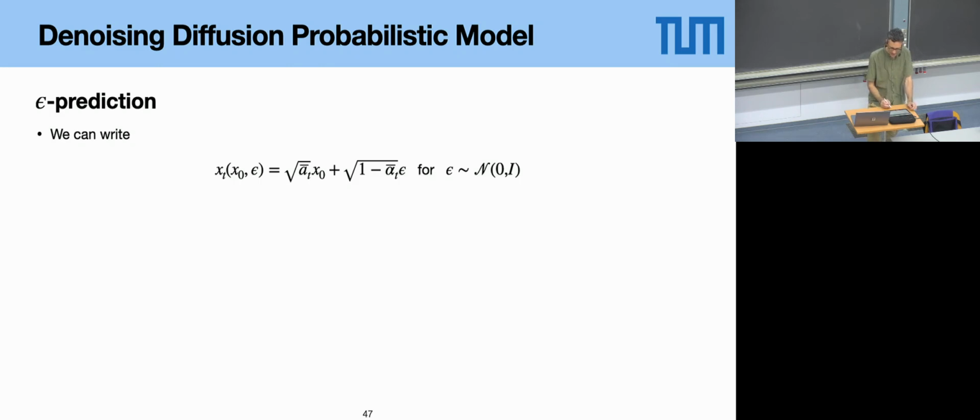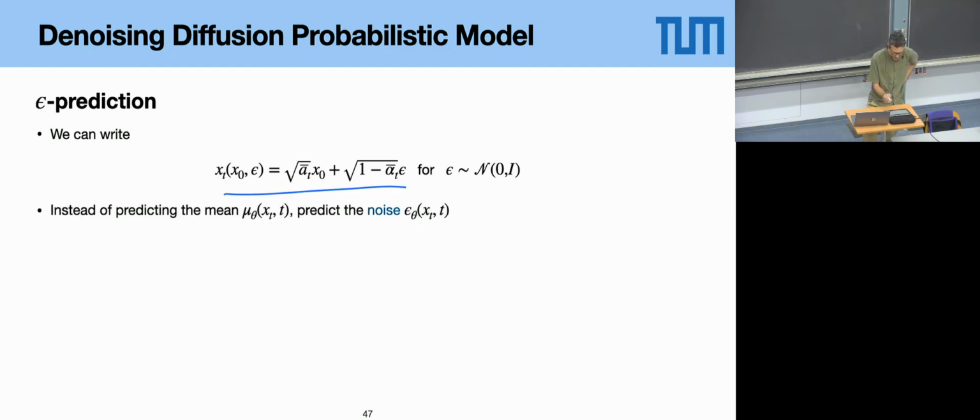If we reformulate this a bit further, we can rewrite our xt in terms of some epsilon value, now for a normalized initial distribution. And because this is a reformulation of the previous x values, we can train the network to predict the noise instead of that mean value from the previous slide.